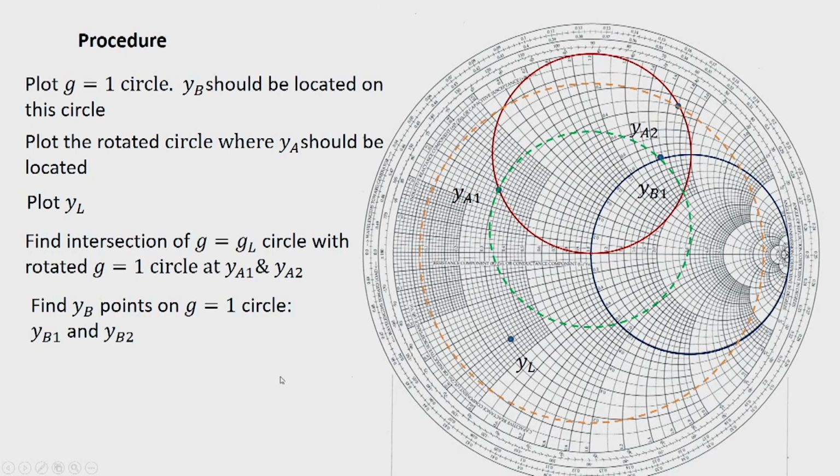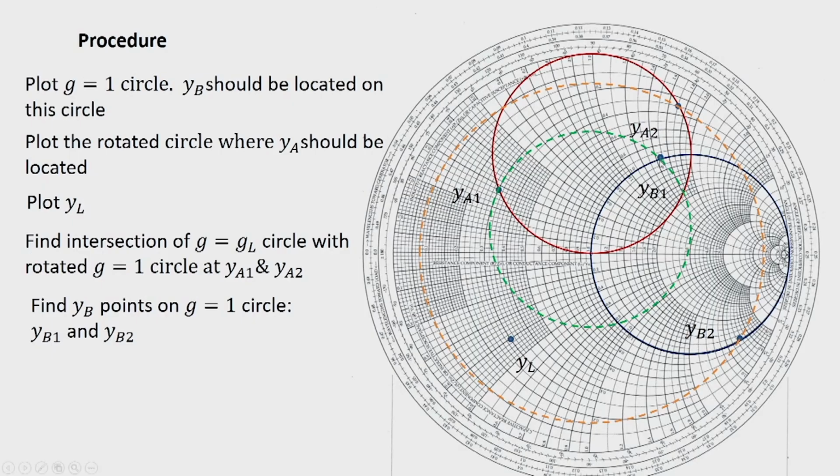Similarly, we find that this point will be transformed to this point, which is shown as Yb2. Now, we have all the 4 points located.